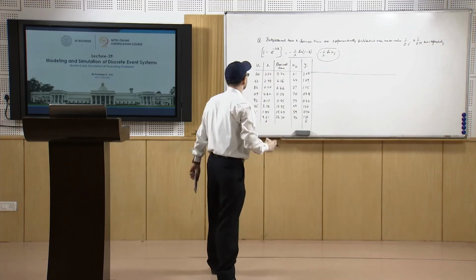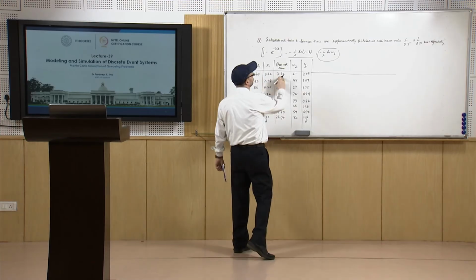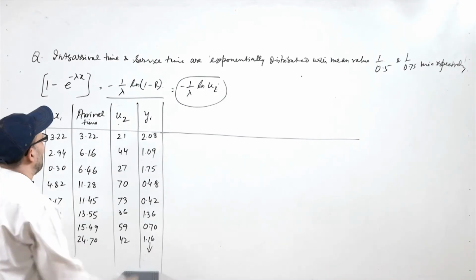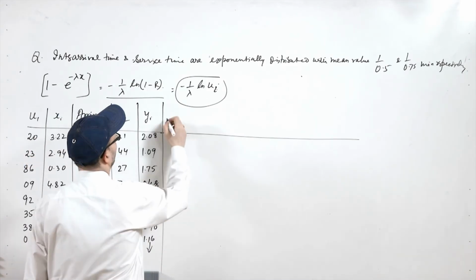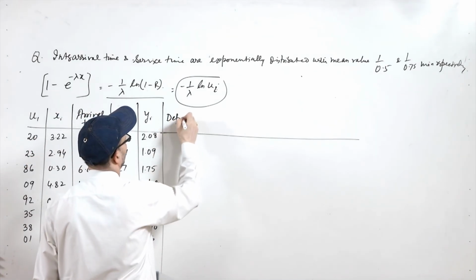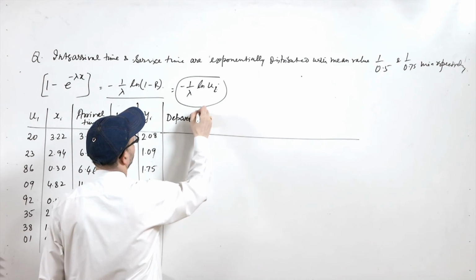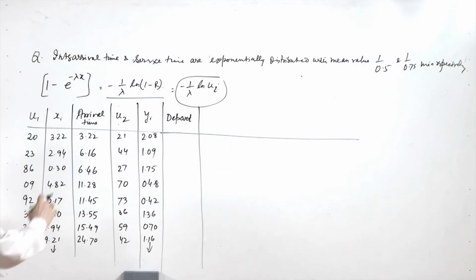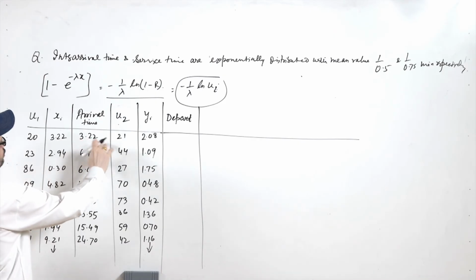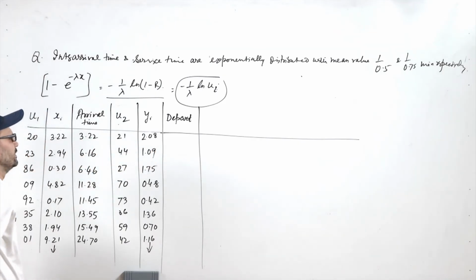Suppose this person comes at 3.22 and he will have a service of 2.08. So, when he departs, it will be 3.22 plus 2.08, so it will be 5.30.